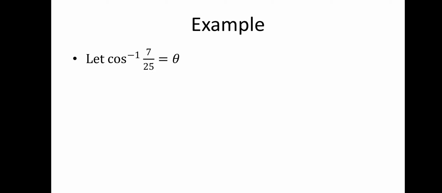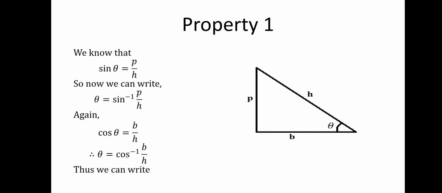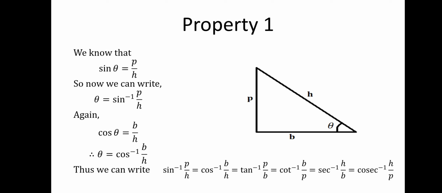Now if this is so, from the previous property, let us go back once. When I am writing cos inverse of something, then I can always consider that something in the form of b by h. I can always consider whatever is written inside cos inverse as base by hypotenuse.